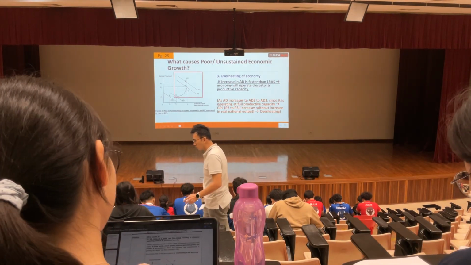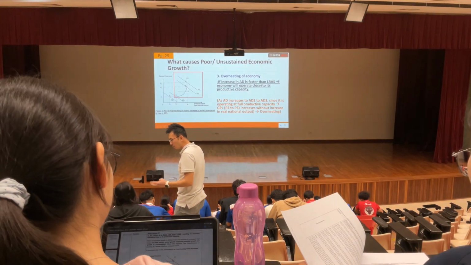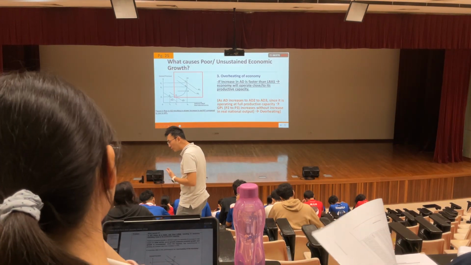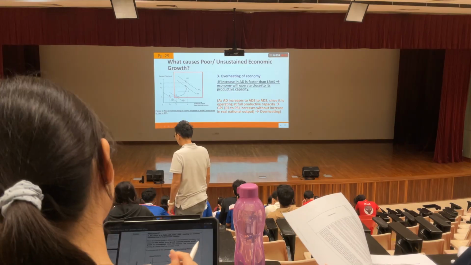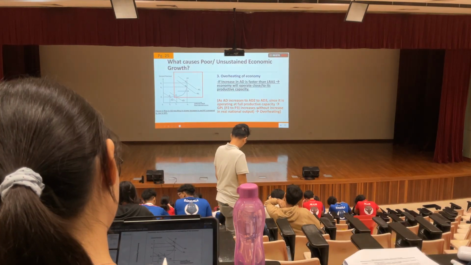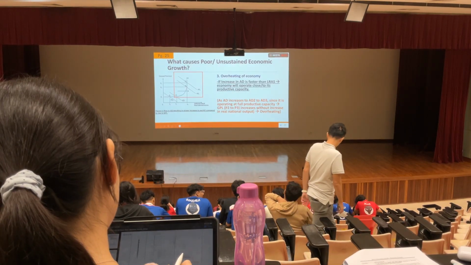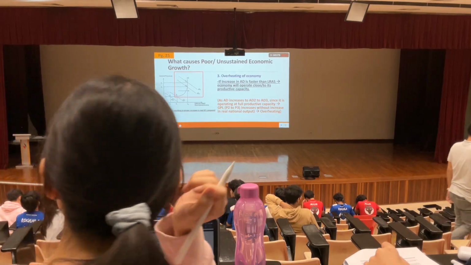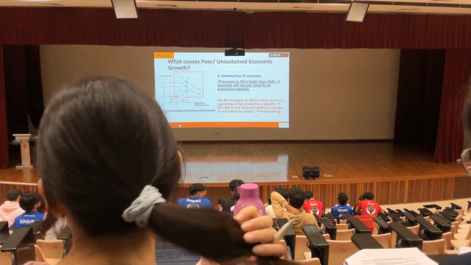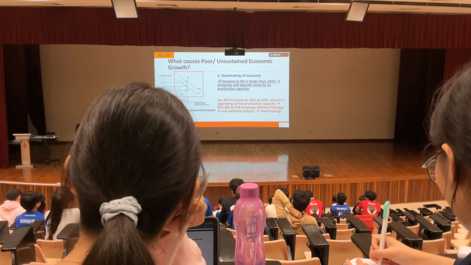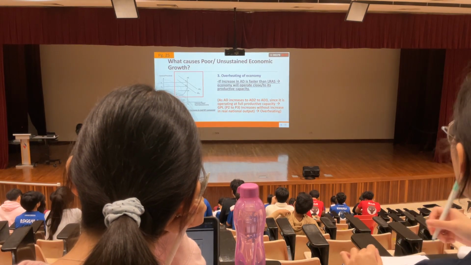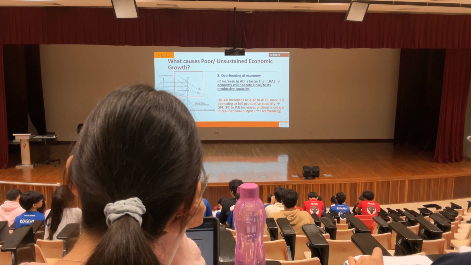If you look at this part over here, if my economic growth is that I increase AD only, so from AD2 to AD3, this means that my economy is already operating at its full employment output level. So my resources are fully utilized, right?